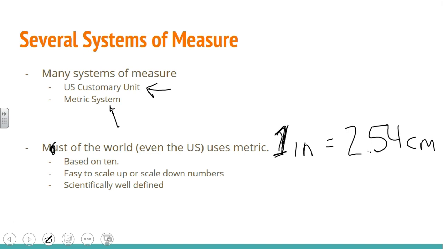Scientists have spent years making sure that a second is actually a second, and a meter is actually a meter. So those units are very standard and don't change. That's one of the things we need to understand about the metric system. There's no other system in the world that is defined as rigorously as the metric system.